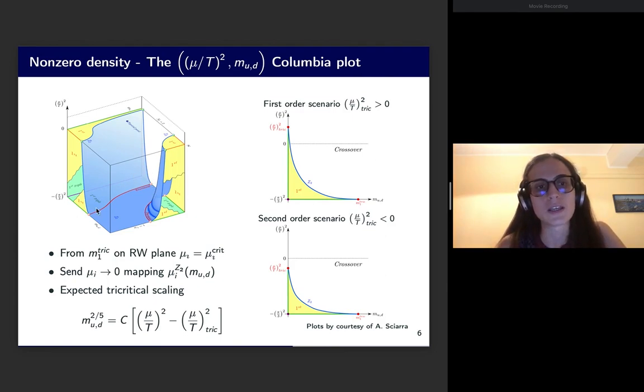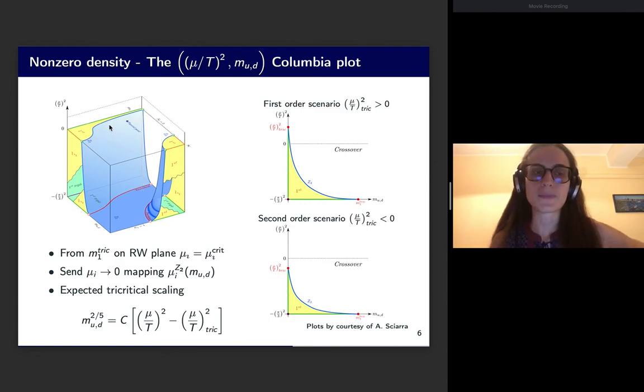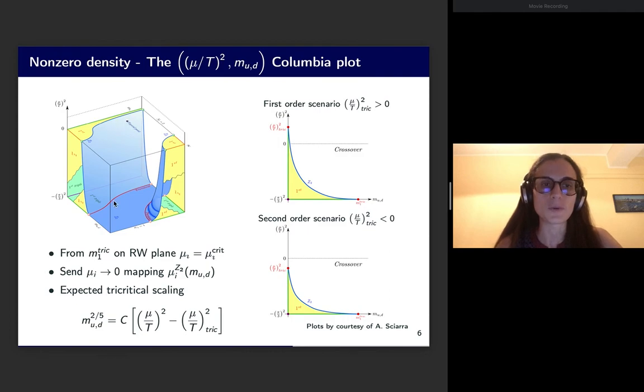Just because of the extension, or how wide the first order triple region is, with respect to the first order region at mu equals 0. That is wider, and this is an empirical fact. There is no universality behind it. It was just simulated, and people have observed that this is the case. Then it can be significantly cheaper to simulate down here and to locate the position of this tricritical endpoint.